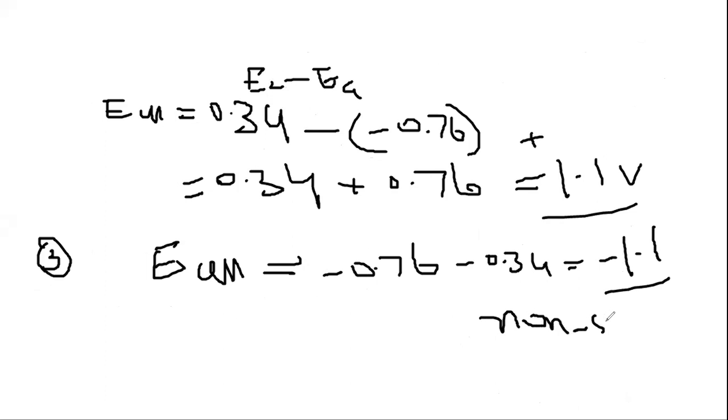So this is the way you can explain spontaneity, as we discussed in the previous class, but here we have calculated with the half cells. Scientifically, you cannot judge by looking at the half cells only. You have to calculate the potential. If it is positive, you can say it is spontaneous, and if it is negative, then it is non-spontaneous.